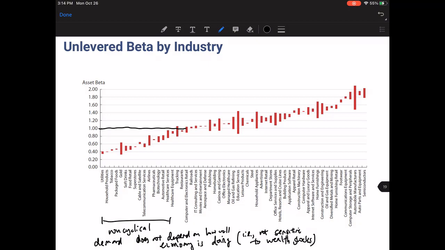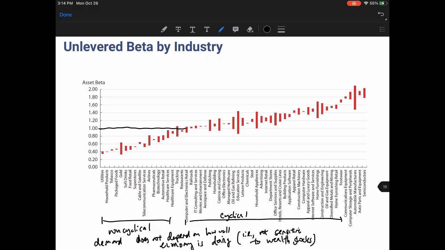And everything above 1, we typically call these industries cyclical, meaning that goods and services and the performance of these companies correlate strongly to wealth shocks or the performance of the overall economy. So it should be obvious, right?